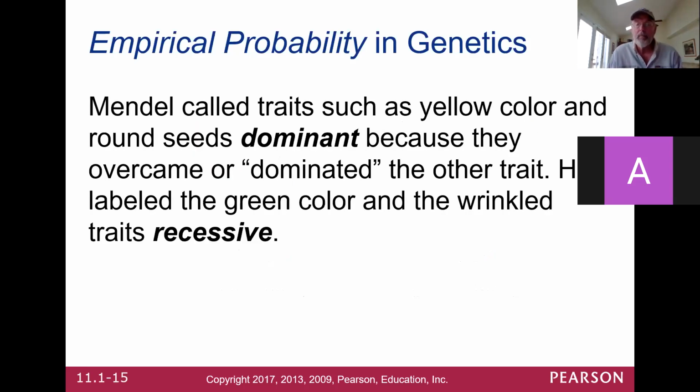So Mendel came up with the ideas of dominant and recessive characteristics: yellow being dominant and green being recessive, or round being dominant and wrinkled being recessive.